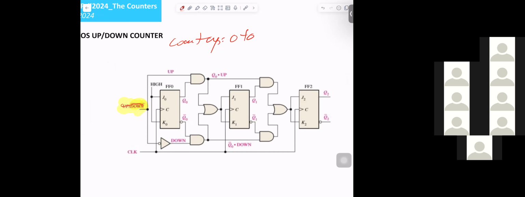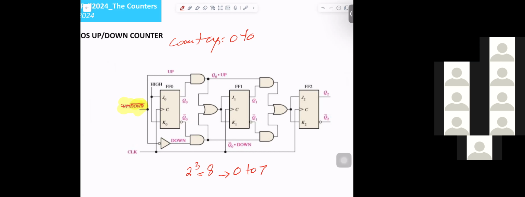You have 3 flip-flops, right? 2 power of 3 is 8, however in decimal it will be 0 to 7. The thing is you start from 0.